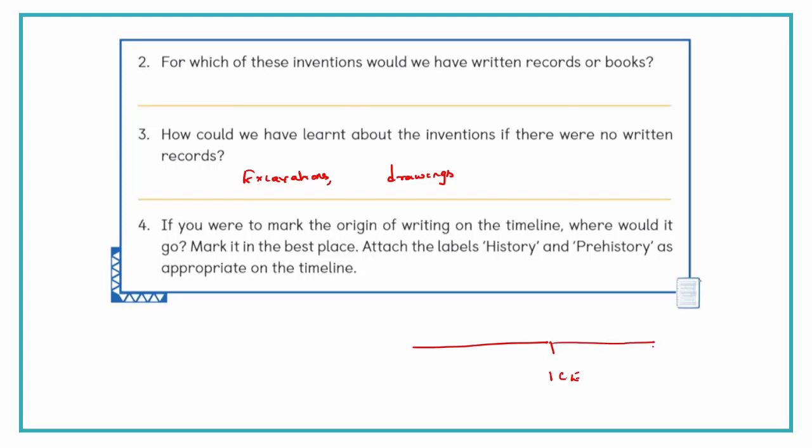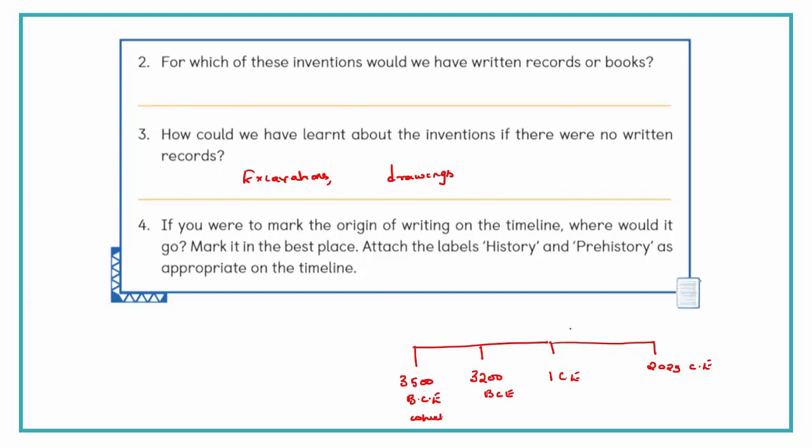Now we are in 2023 CE. This is 3200 BCE. Writing was invented. This is 3500 BCE. The wheel was invented.